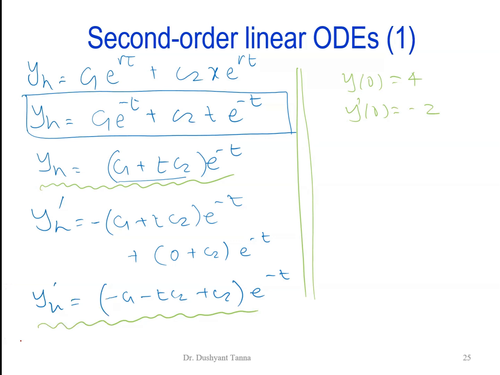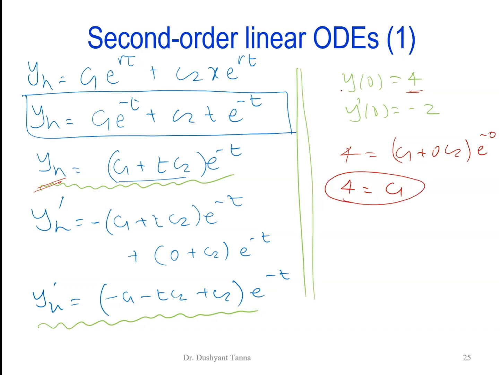Right, once you put it here, this is your value of y, that is 4. 4 is equal to c1 plus 0 c2 e raised to minus 0. Inside is the independent variable, that is normally x, in this instance is t, right? So 4 is equal to c1 e raised to 0, that is c1. So we got c1 as 4.